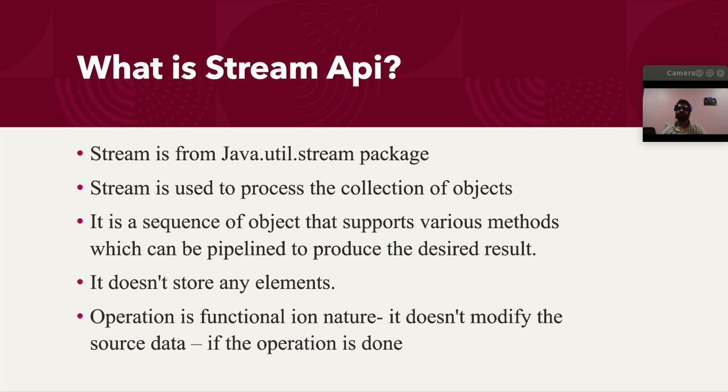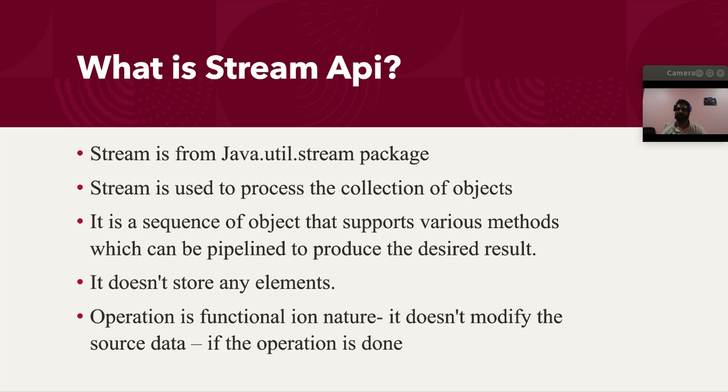And stream does not store any element, right? This is one point: in a collection we store the elements, but a stream does not store any element. It only processes the data which is already stored in a collection. The operations here are functional in nature, and they do not modify the source data. With the Stream API, it does not modify your source data.